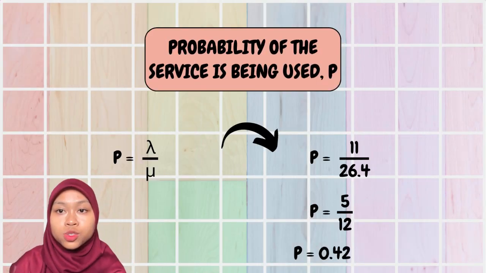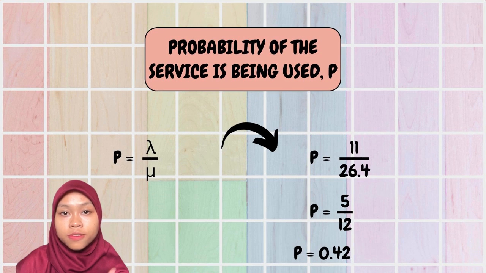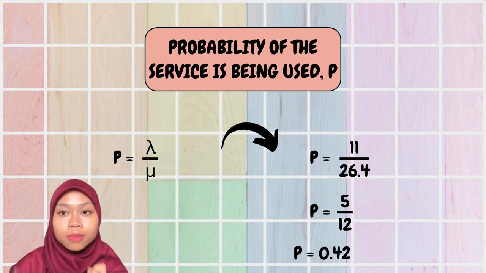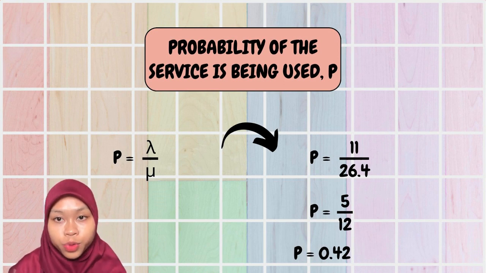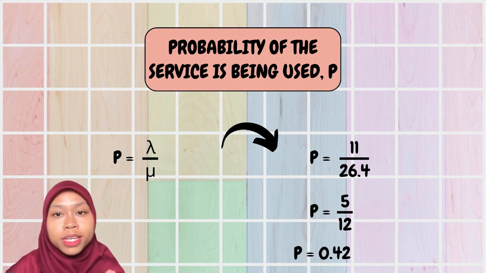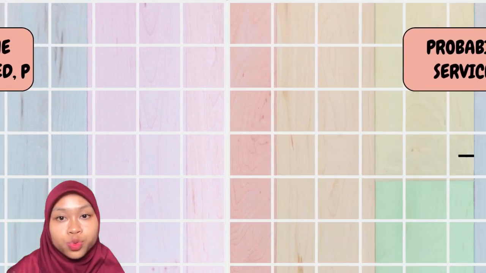In this slide, I will show you how to find the probability of service being used. We can get the probability of service being used, or server is busy, by dividing lambda with mu, which is 11 divided by 26.4. Then we will get the probability of server being busy is 0.42.